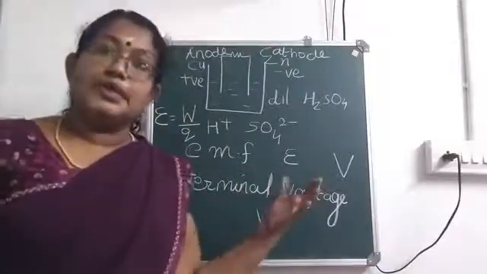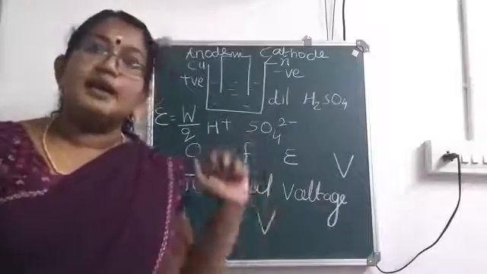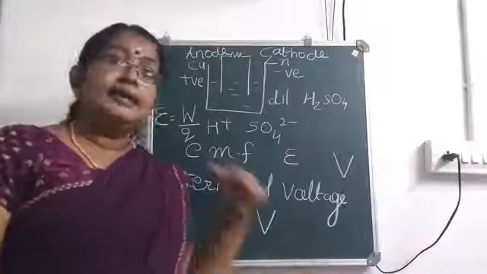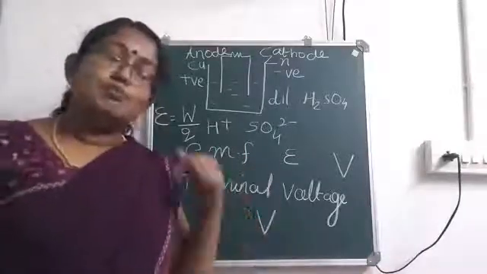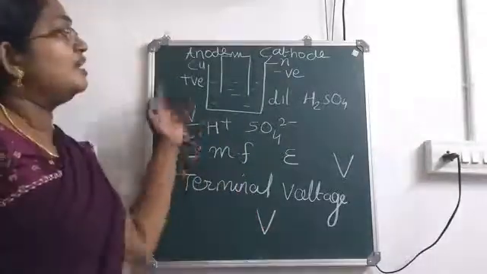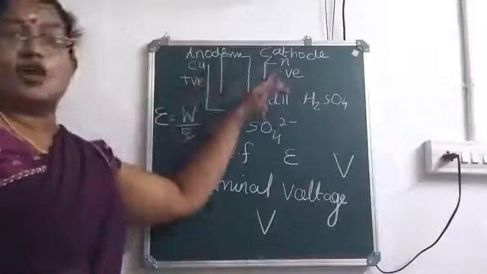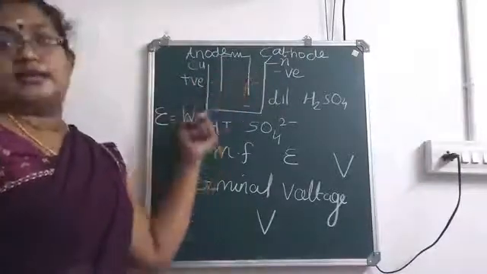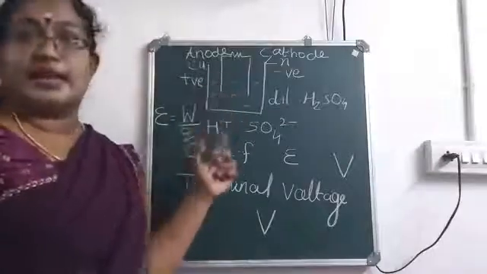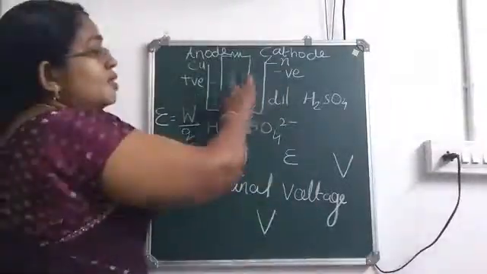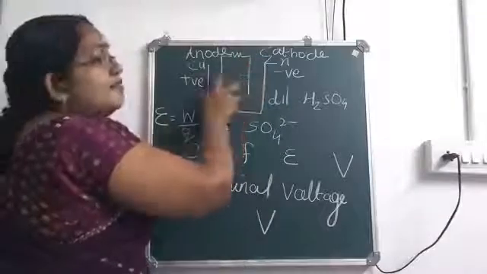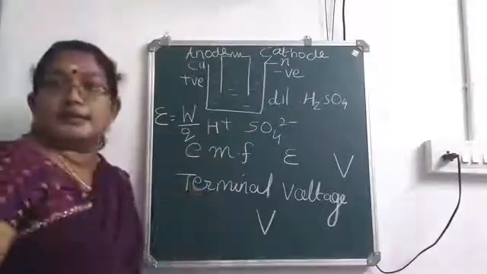Now similar to EMF, we can give one more definition for terminal voltage. Okay. It is the work done to move a positive charge across the terminals of the cell. Okay. That is, in the case of terminal voltage, we will consider only this outer part. We won't consider the inner part.